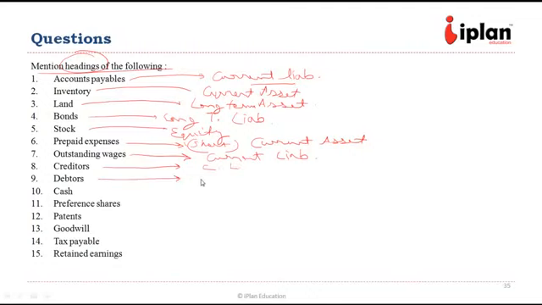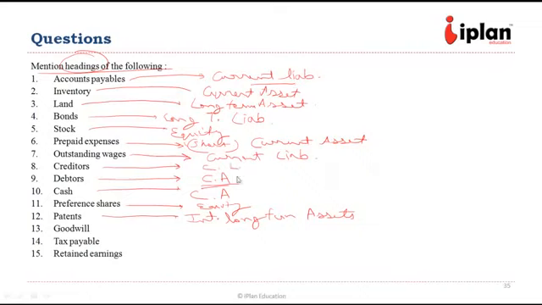The debtors from whom we are expecting a payment become a current asset. Cash is also a type of current asset. The preference shares form part of equity. The patents are intangible long-term assets. So in a classified balance sheet, the short-term and long-term assets and liabilities have to be put separately.